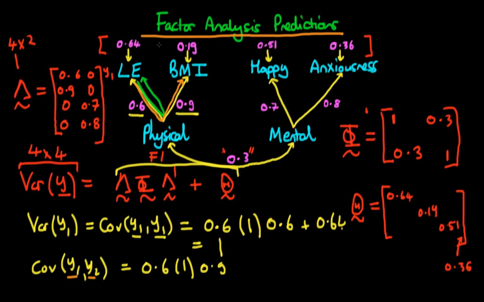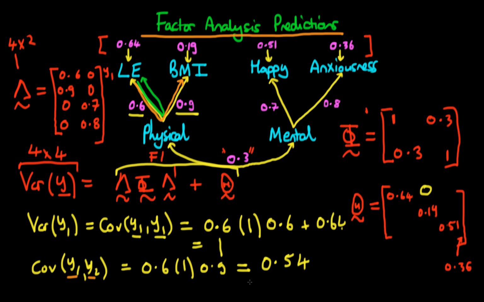And importantly here, because this variance covariance matrix of our errors is diagonal, we don't need to add any components onto this. Or strictly we need to add this component here in our error matrix, but because it's 0, we're just adding 0 on. So the model predicted covariance between these two indicators is just going to be 0.6 times 0.9, which is 0.54. Okay, so that was easy enough.